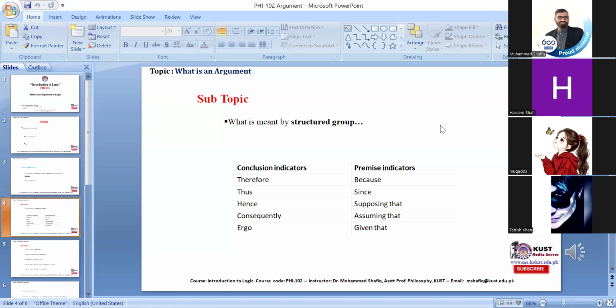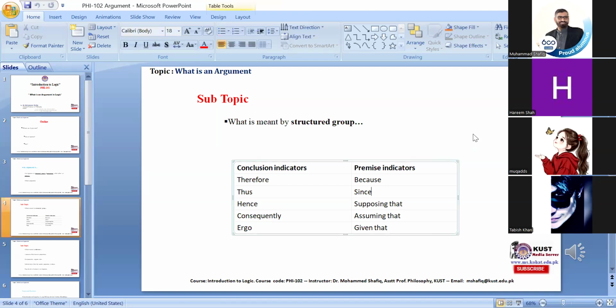The premises are those propositions which support the conclusion, and the conclusion is that proposition which is trying to prove something. I repeat, premises are those propositions which support the conclusion, and the conclusion is that particular proposition in which we are trying to make a point.